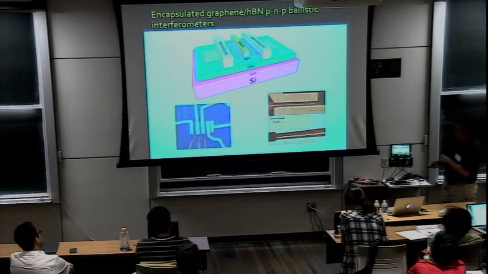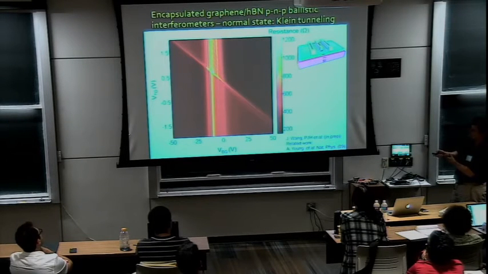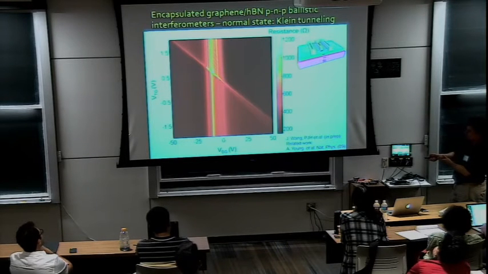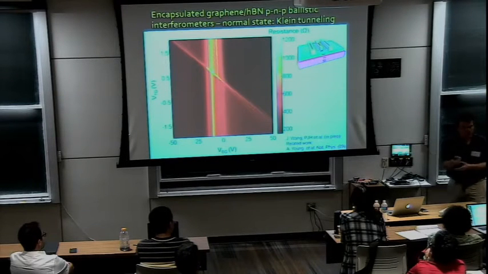If you measure the resistance of one such device, this is the resistance as a function of the top gate, here on top, and the bottom gate, here at the bottom. Then you can see the Dirac point, the resistance maximum associated with the Dirac point, when you bias one gate voltage.